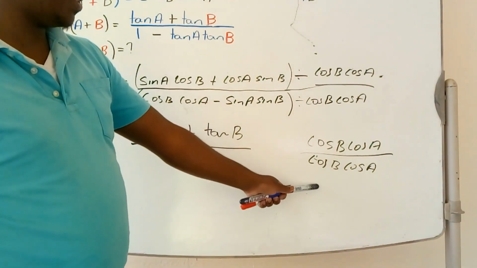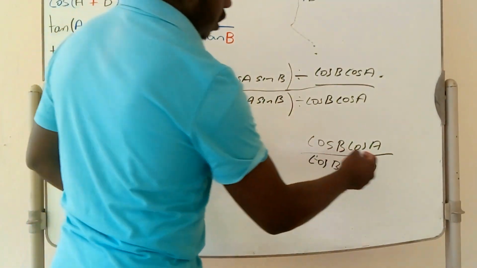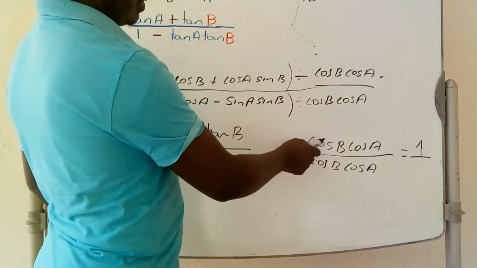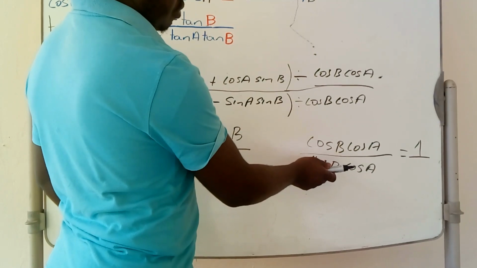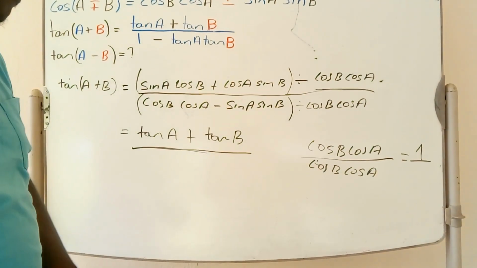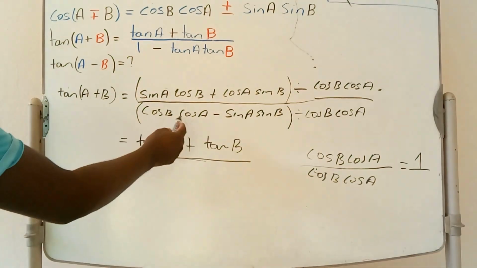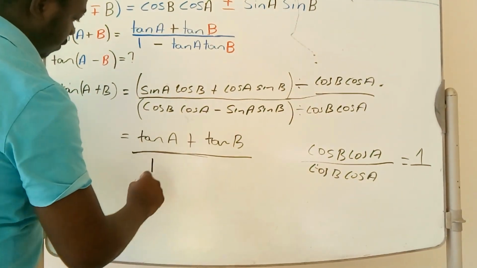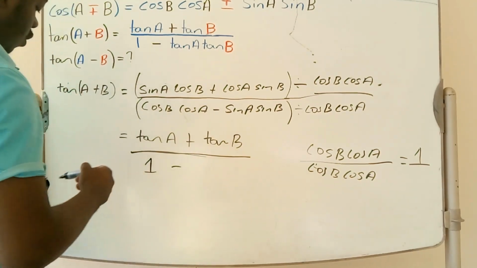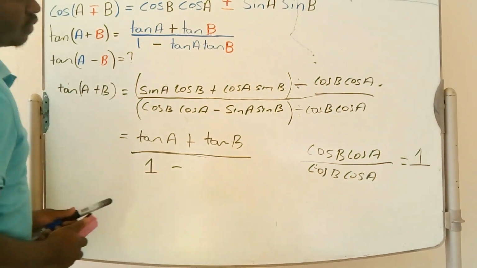Anything divided by itself, that's just 1. So this is just equal to 1. Because cos B cos A divided by cos B cos A, that's just 1. So here I have 1. And this is minus, right? So I only have one term left to divide.